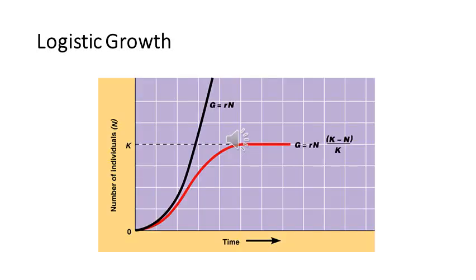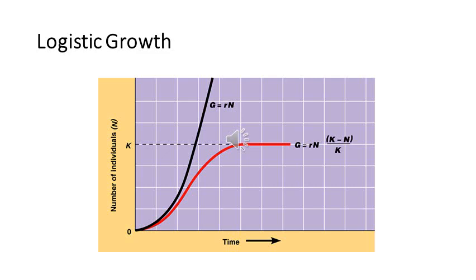This is the comparison of the graphical representation of exponential growth and logistic growth. In this graph, on the x-axis the time is taken, and on the y-axis the number of individuals is present. There is a K value which is the carrying capacity of that environment. The black line shows the exponential growth. The exponential growth rate is calculated as G equals rN, which is the growth rate for an exponentially increasing population.